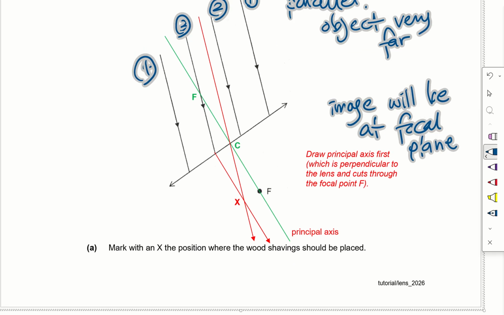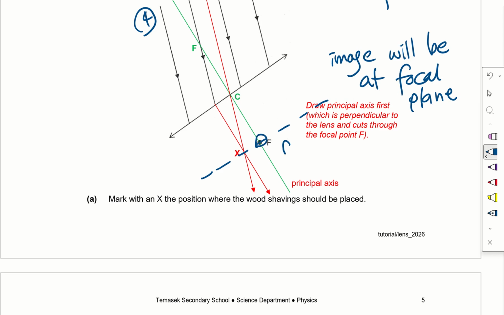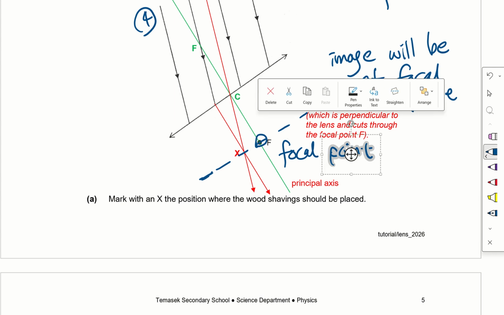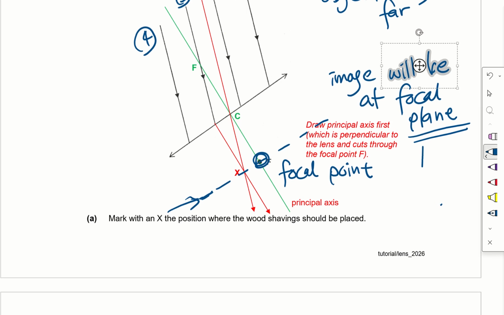Focal plane is actually a flat surface, and where's the position? It will be at the focal point. So let's say if I have a flat surface here, I put a screen here, at the focal point, it will be known as the focal plane. Plane is actually just a flat surface.